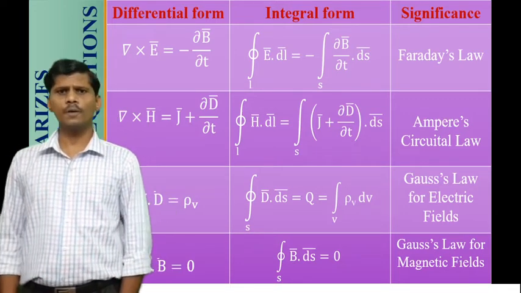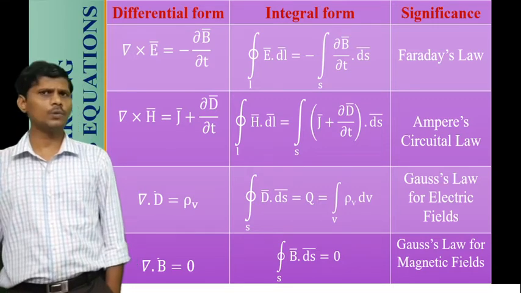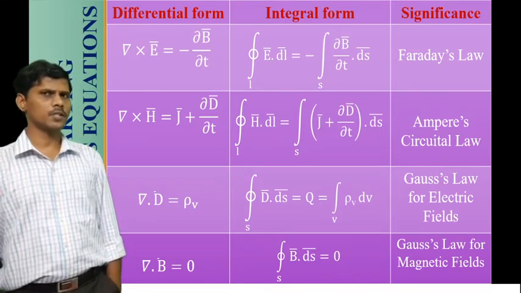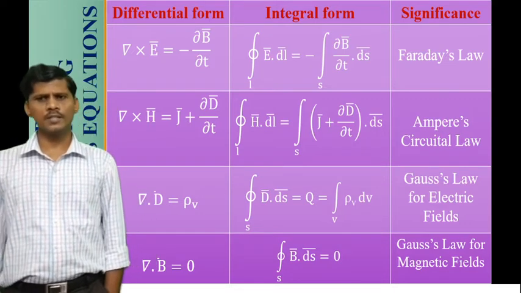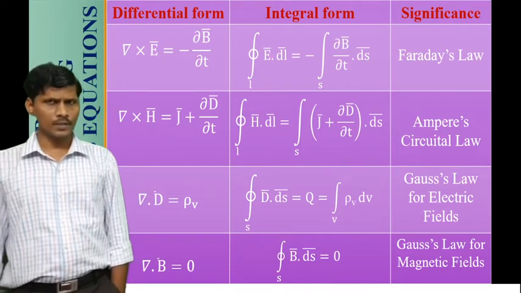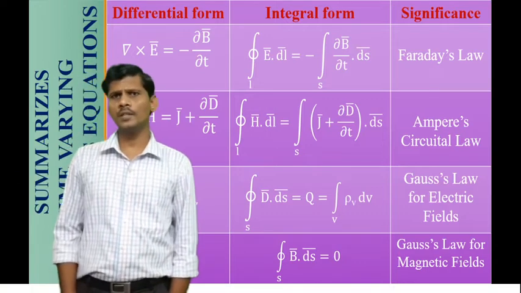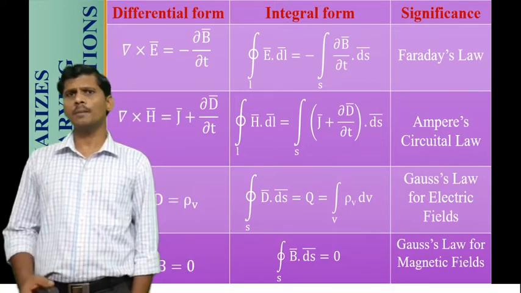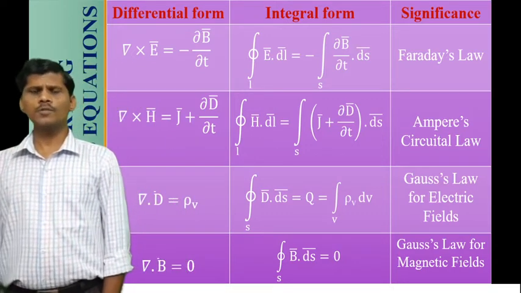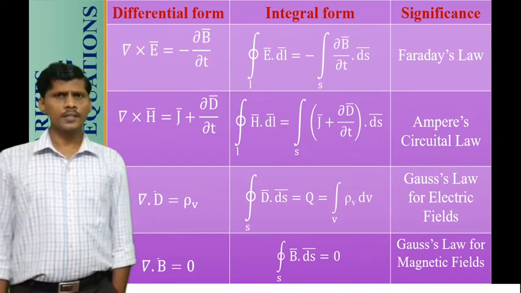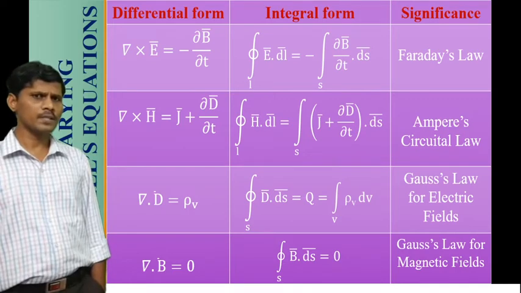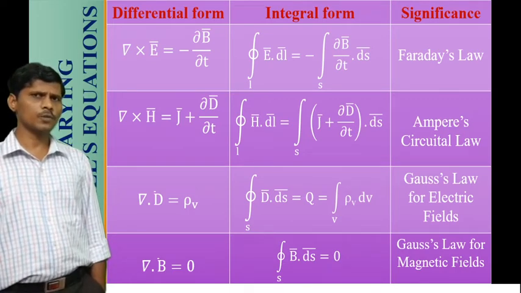The differential form: del dot D bar is equal to rho v. The fourth Maxwell equation is Gauss law for magnetic fields. Its integral form: closed surface integral of B bar dot ds bar is equal to 0, and its differential form or point form is del dot B bar is equal to 0.